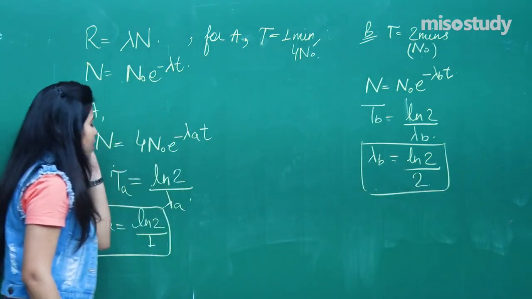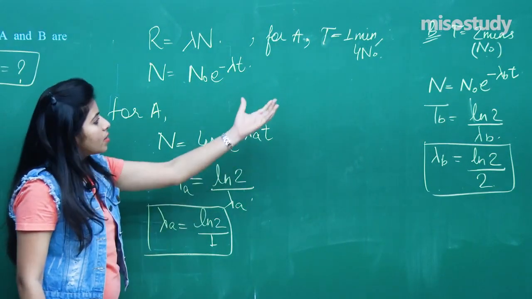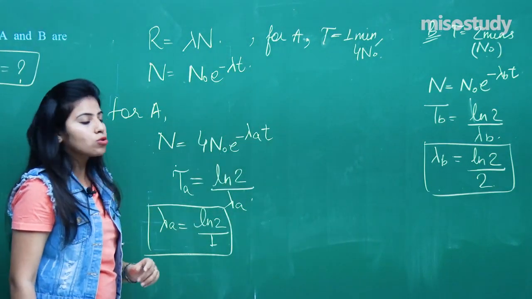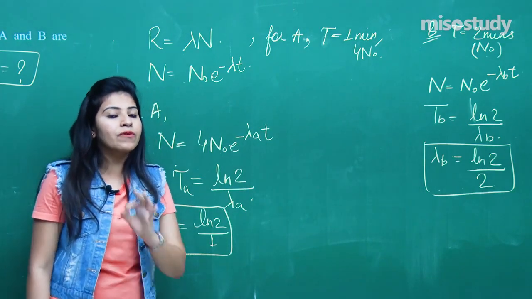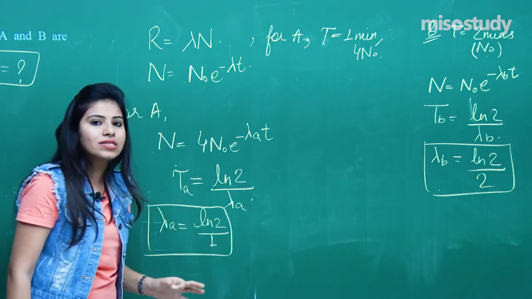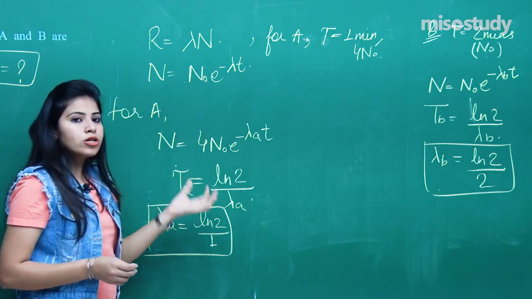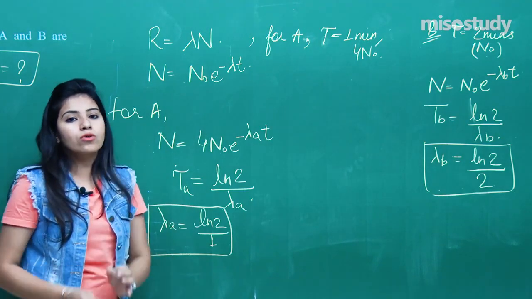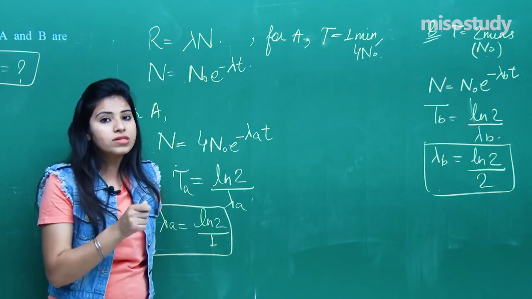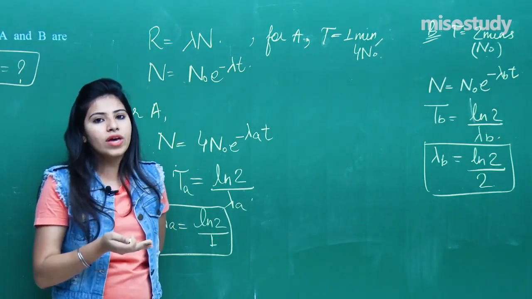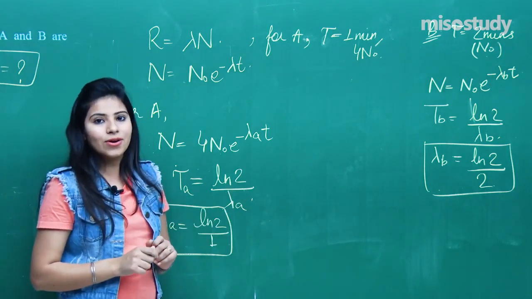Now what you can do over here is put the value of lambda B into that equation. But before that, take note that we are going to use two equations and then solve for this. This is a pretty easy question, but before going further in this manner, we should first note it down and then we will start. Okay?